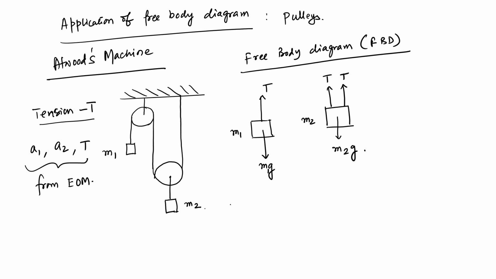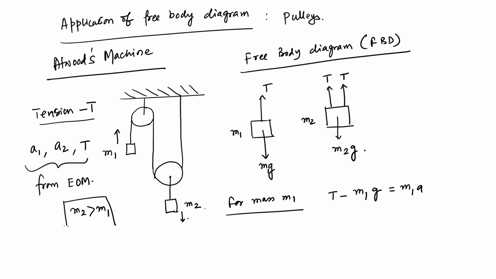For mass M1, let me write Newton's second law. We have T minus M1g equal to M1a. This mass is going upward and this one is coming downward, so implicitly M2 is greater than M1, which can be achieved.